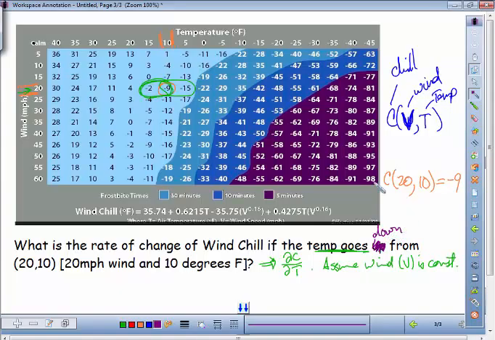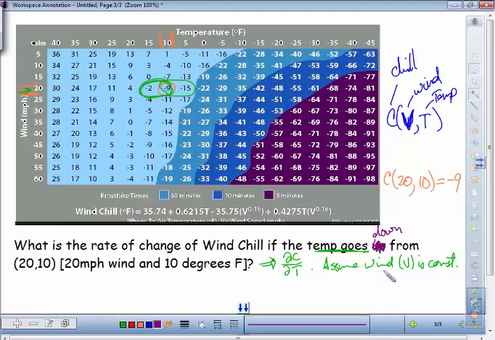I guess it doesn't matter, go up, go down, whatever. Maybe I do want it to go up. I'll just put a negative sign if we need to.